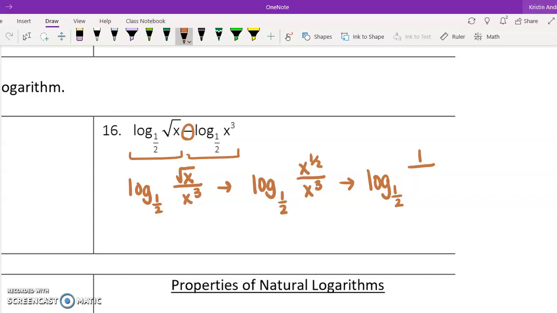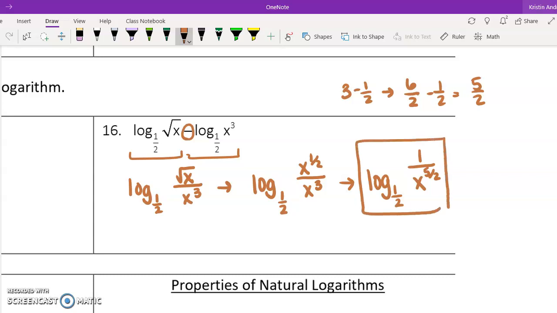So since 3 is bigger than 1/2, I'm going to do 3 minus 1/2, which is 6/2 minus 1/2, 5/2, and that x to the 5/2 goes in the denominator.